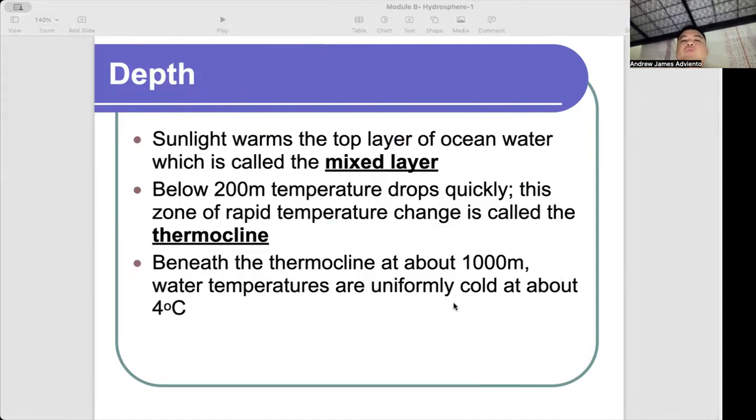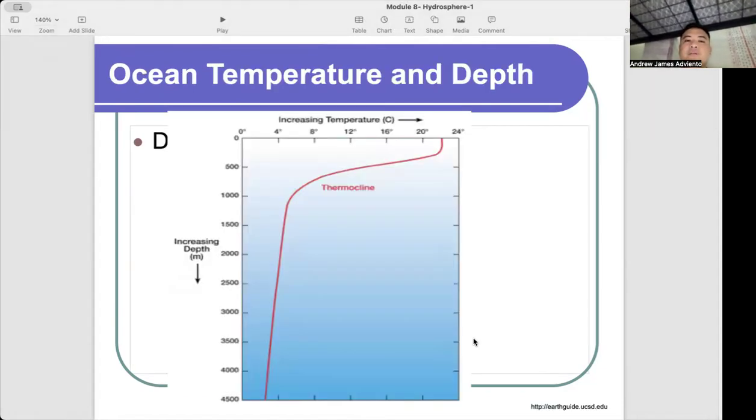The surface is warm, of course, from the sunlight. Thermocline, this is the rapid temperature drop. It's really cold. And the deep ocean is also cold, around -4 degrees Celsius. So you can see in here, as it goes down, you will also see the drop of temperature.